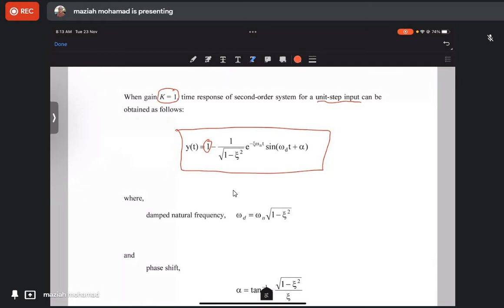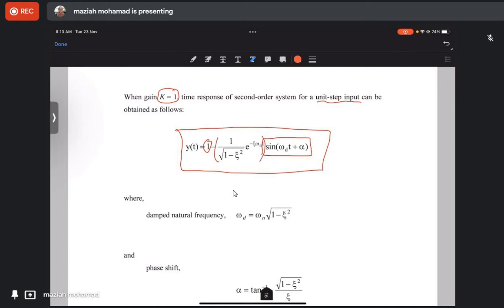Minus, okay, you can see here there is a sine part. So we can expect there will be a sine wave in the system.